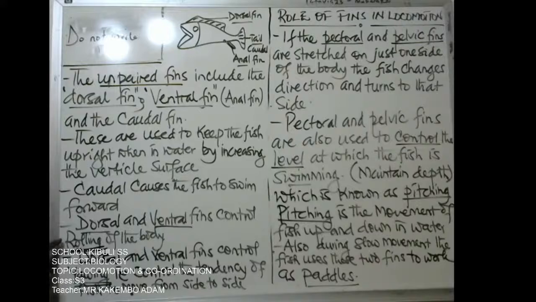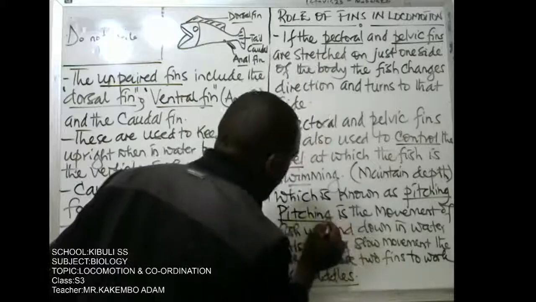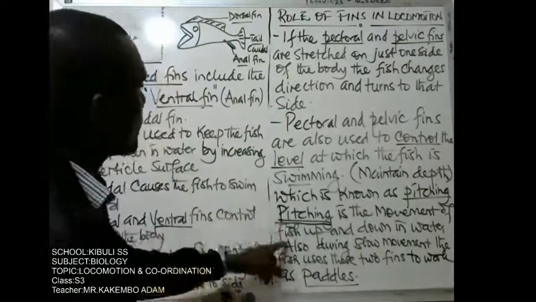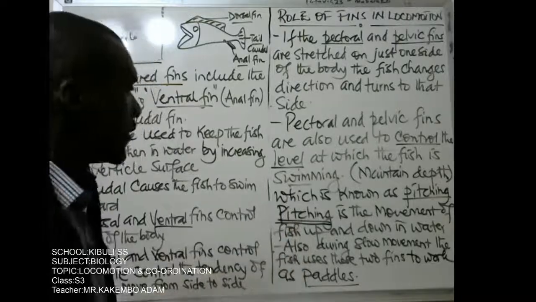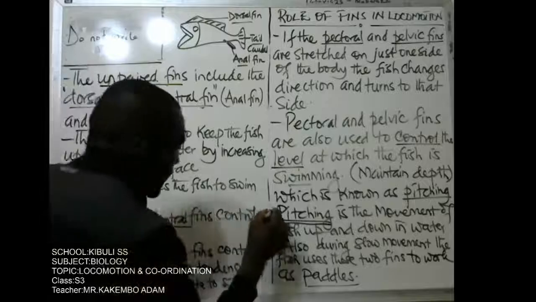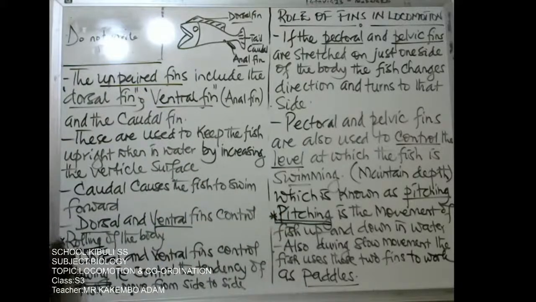The role of the dorsal and ventral fins is very important in preventing rolling and yawing. The role of the paired fins, pectoral and pelvic, is to prevent the unstable movement known as pitching. So take note of those three words: pitching, one of the instabilities in fish movement, and the others are rolling and yawing.